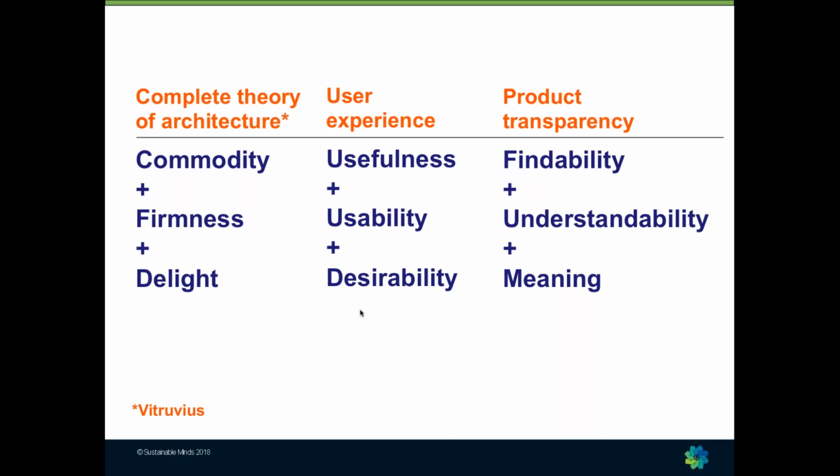And so early on in that exploration, my husband, who is an architect, told me about Vitruvius and his complete theory of architecture, commodity, firmness, and delight. And upon that definition, I extrapolated my definition for user experience.